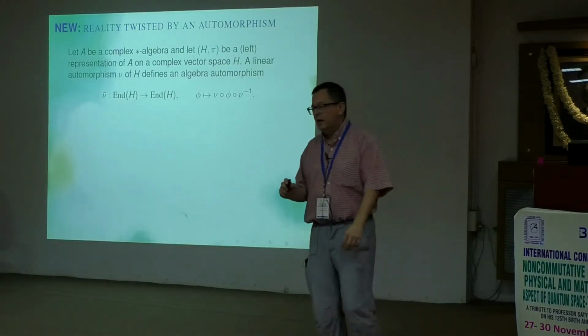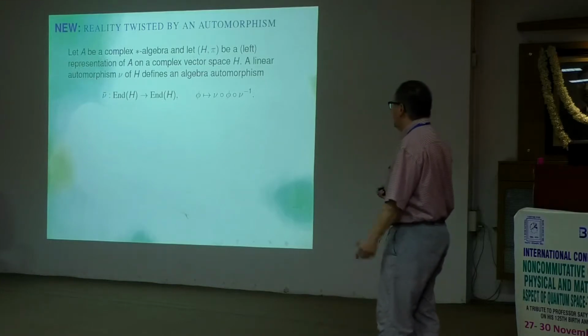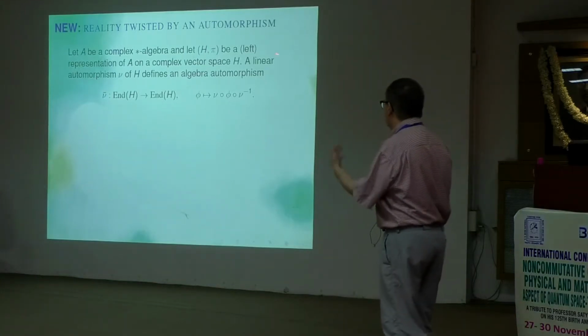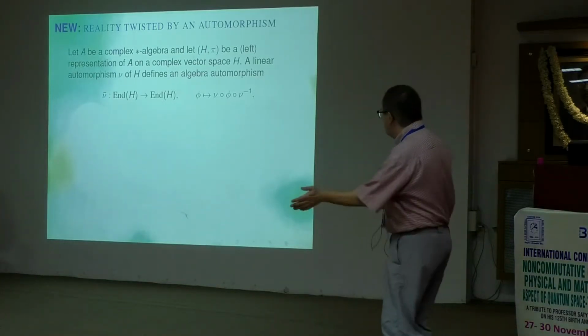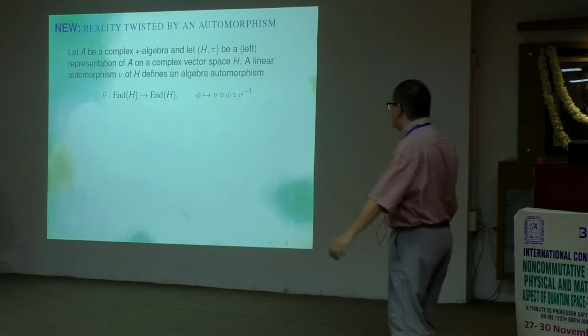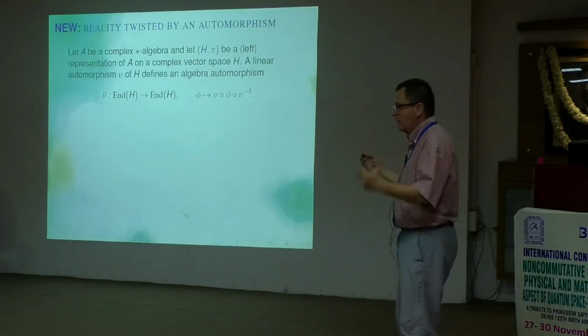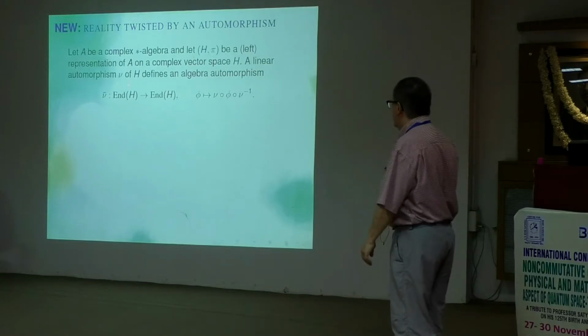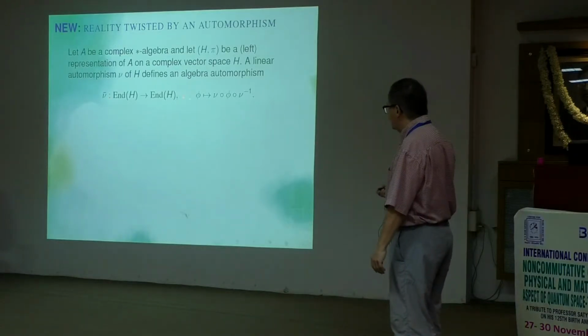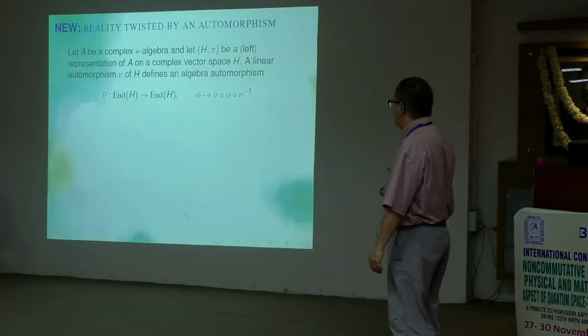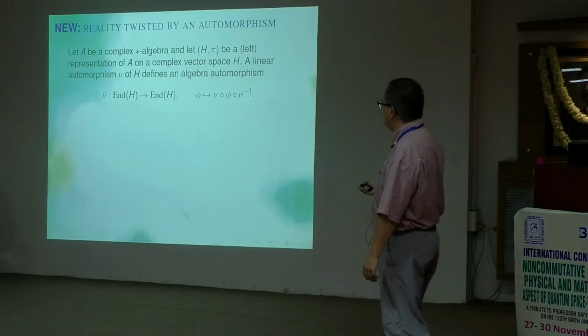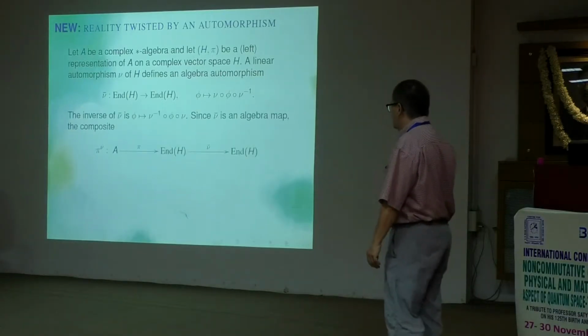Sorry. So the idea is the following. We have an algebra represented on a vector space, which in the end is a Hilbert space, but you can formulate it algebraically in this way. And we have a homomorphism of this vector space, ν, which we assume defines an algebra automorphism just by composition with the representation.